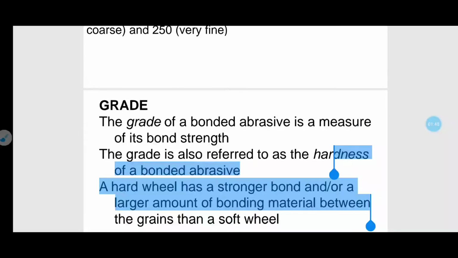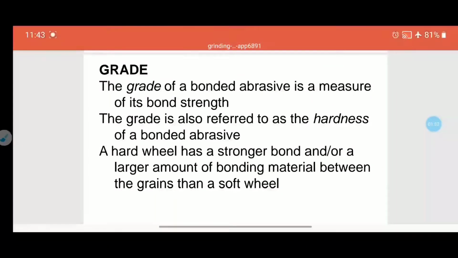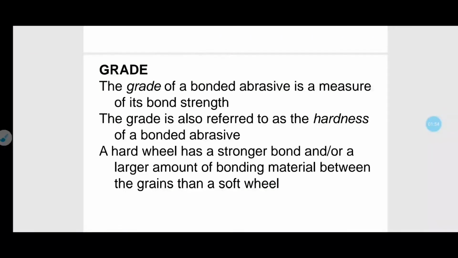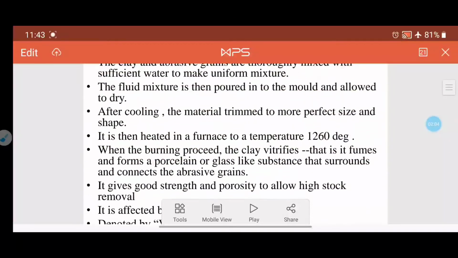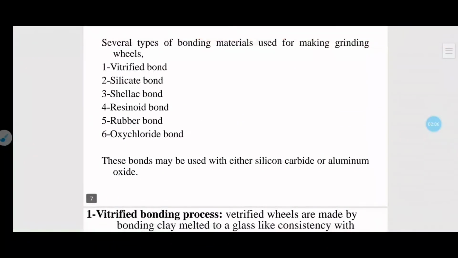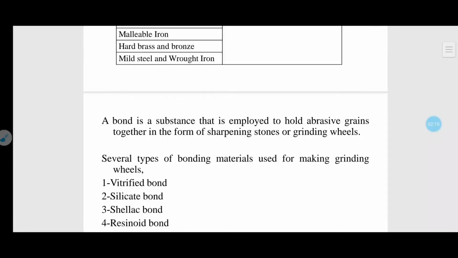Next one is the grade. What is called grade? The grade of a bonded abrasive is a measure of its bond strength. In the previous video we saw the bond strength. If I scroll down I can show the meaning for you. A bond is a substance that is employed to hold abrasive grains.